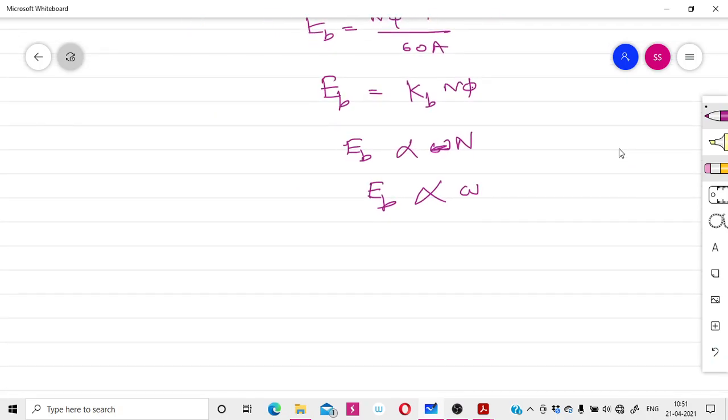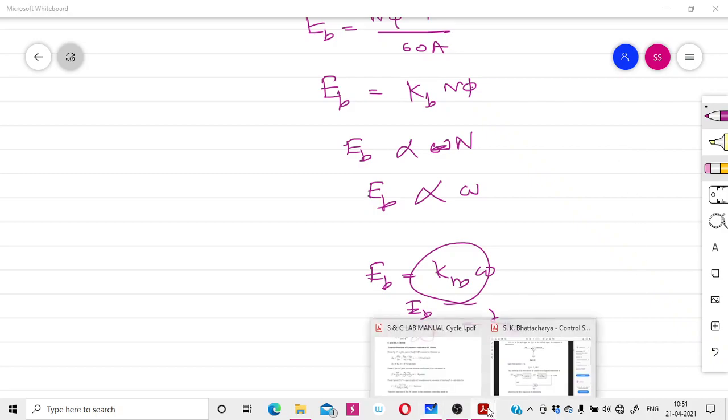So this is a linear relationship, and EB will be equal to the motor constant Km into omega. From this, EB by omega is Km, that is, the slope of the EB versus omega graph gives the motor constant Km value.